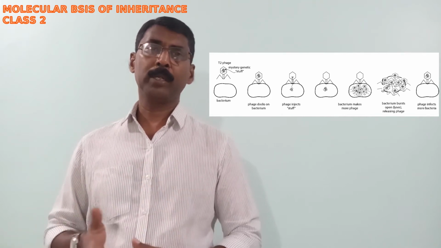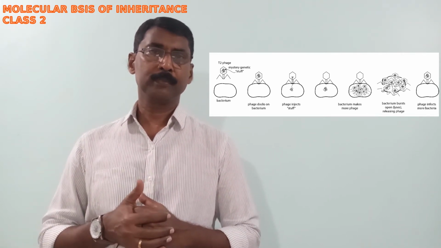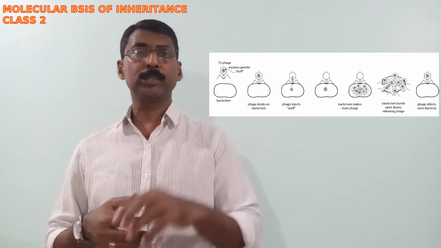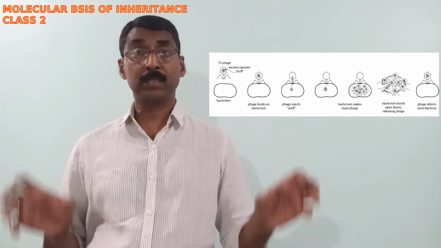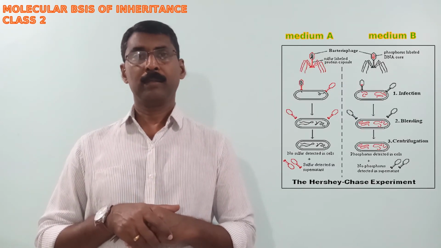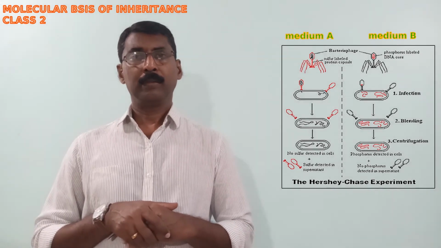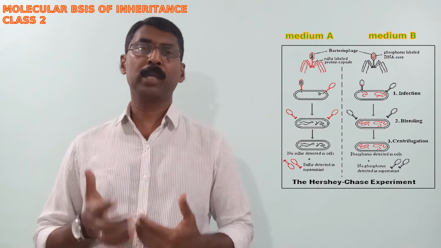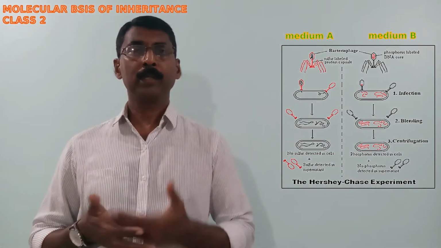So the same thing would happen here also. When E. coli bacteria were introduced into these two culture media where bacteriophages are grown, these bacteriophages attack this E. coli bacteria in the usual manner.